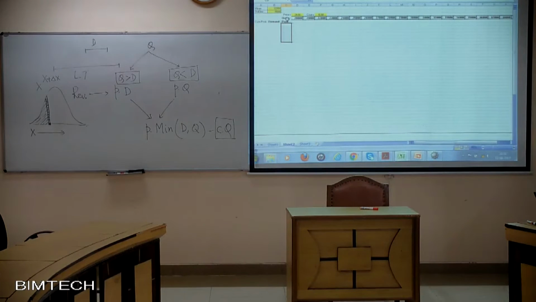And finally, we have the order, the Q values, discrete Q values listed along row 4, as you can see, the one that I have highlighted. Okay, so this is just to give you an idea about the overall spreadsheet space that we are going to use.